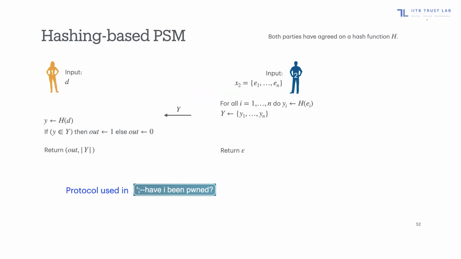The idea here is both parties have agreed on a hash function. Party 2 hashes all of its elements, creates the set Y, and sends it to party 1. Party 1 hashes its own input, checks whether its hashed element is present in set Y, and figures out whether the input was present in x2 or not.